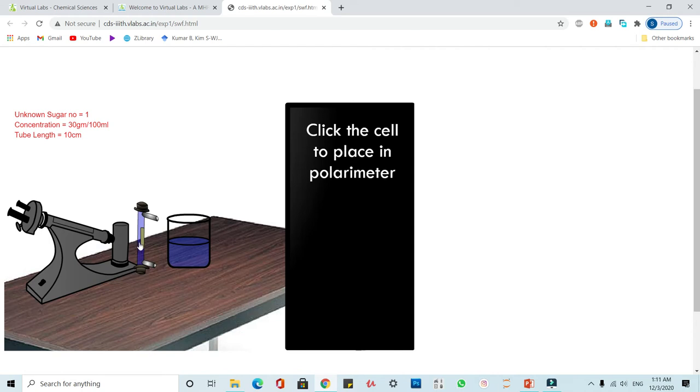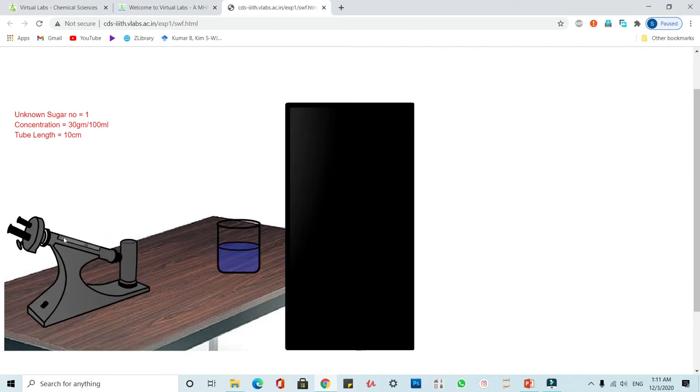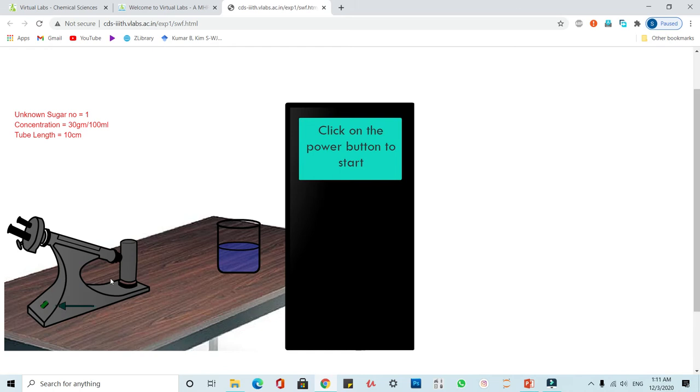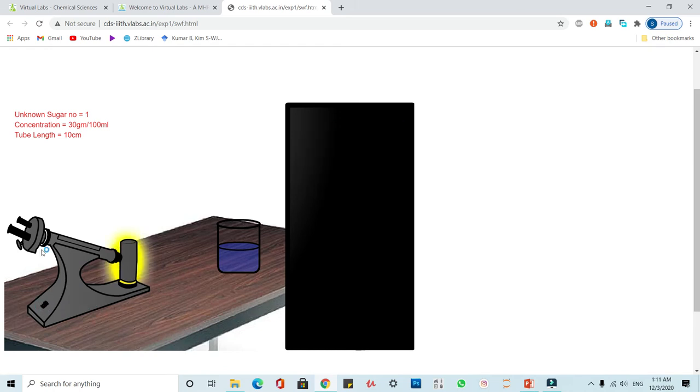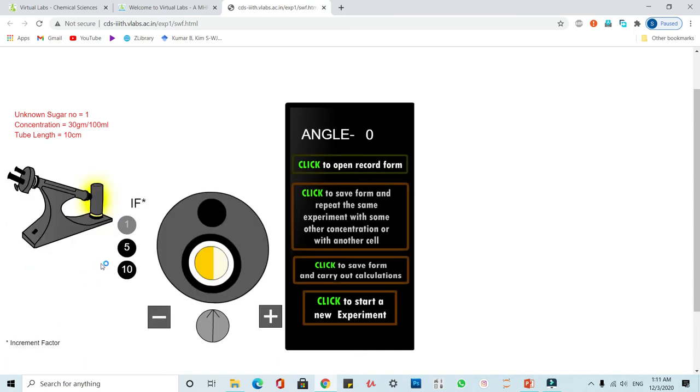As it's increasing slowly, let us increase the increment factor to 10. The value is still not coming. You can see this arrow is representing the rotation of your eyepiece in the clockwise direction.